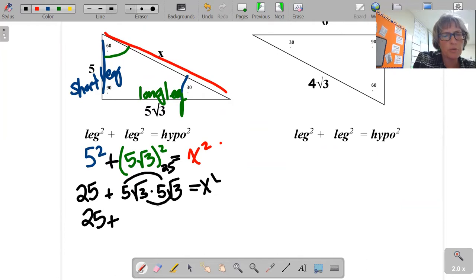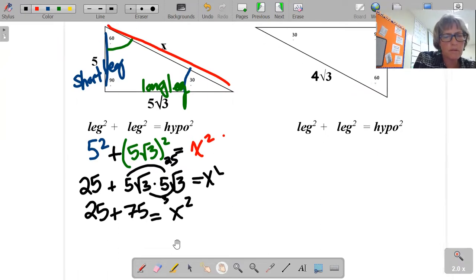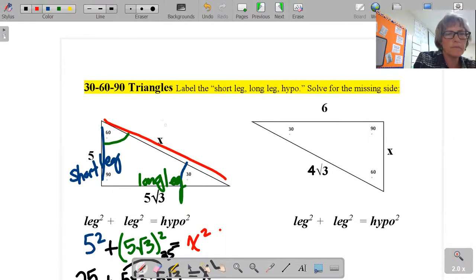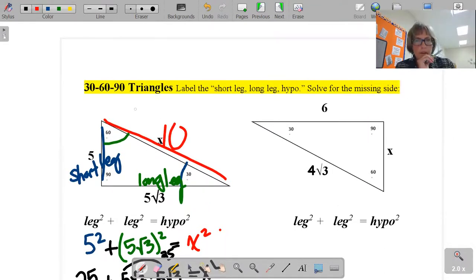Root 3 times root 3 is 3. 25 times 3, that's 75. So our hypo here is 10. So one of our triangles goes 5, short leg, 5 root 3, long leg, and then 10 for the hypo.